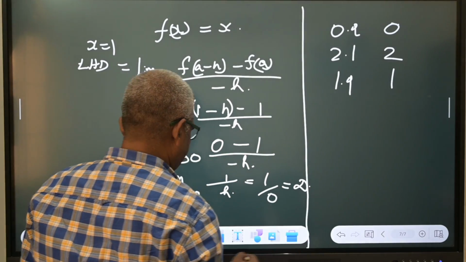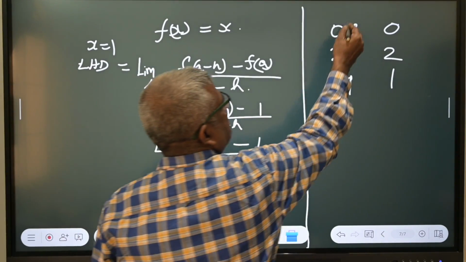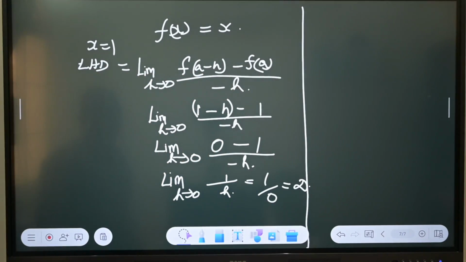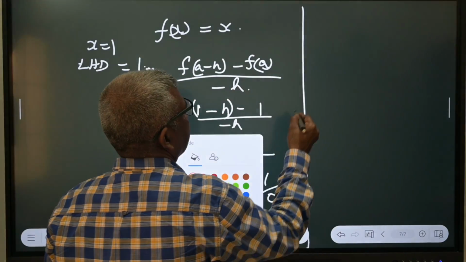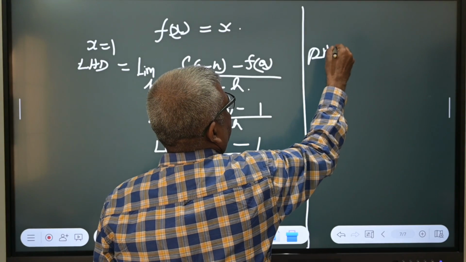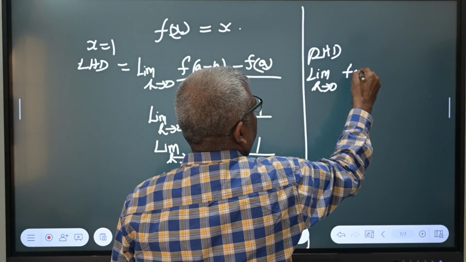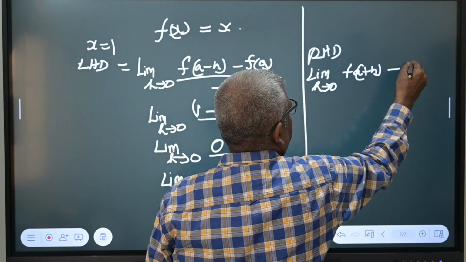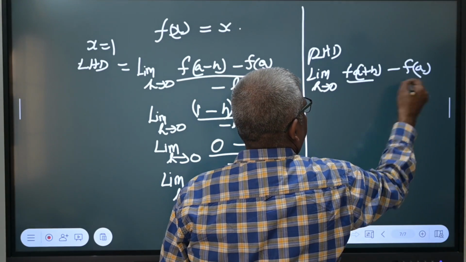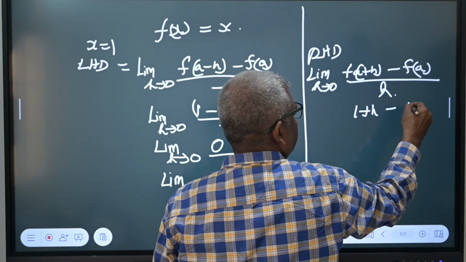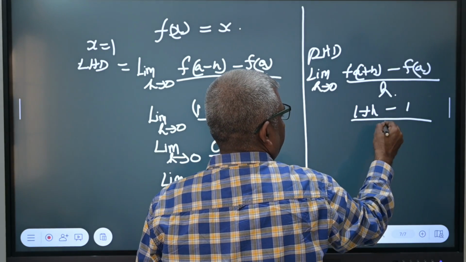Okay, for right hand side derivative, copy down. For right hand side derivative, limit h to 0, f of a plus h minus f of a divided by h. 1 plus h minus 1 divided by h.